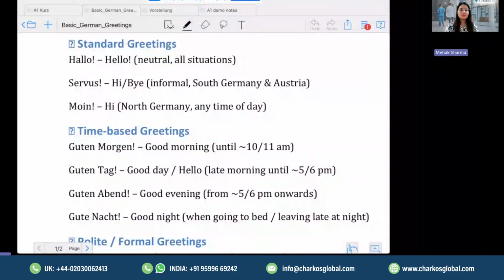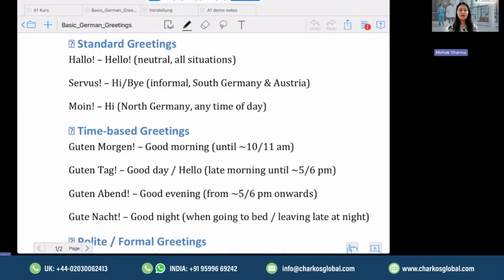Then the next one is Servus. Now this is mostly used in South Germany and in Austria. This is informal and can be used for both hi and bye. And the third one is Moin.